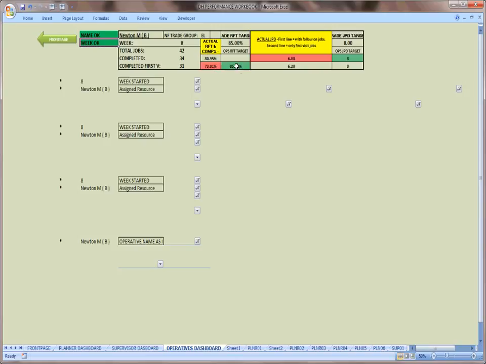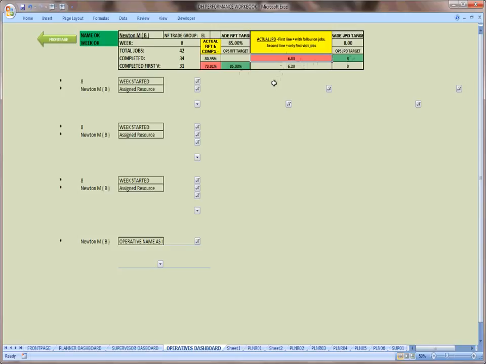Now what we can see is that in week 8 he didn't achieve his personal target for right first time, and he still hasn't achieved his target for jobs per day. And over here you can see his personal target. But what we can see from this is that between week 8 and week 10 there has been improvement.